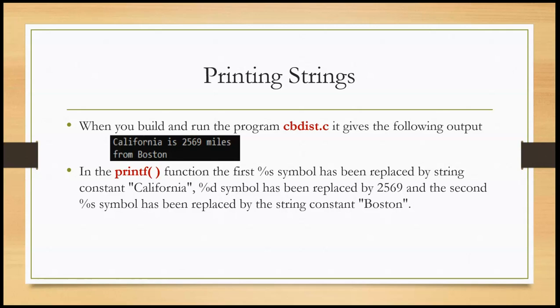When you build and run the program cbdist.c, it gives the following output. California is 2569 miles from Boston. In the printf function, the first %s symbol has been replaced by the string California, %d has been replaced by 2569, and the second %s symbol has been replaced by the string Boston.